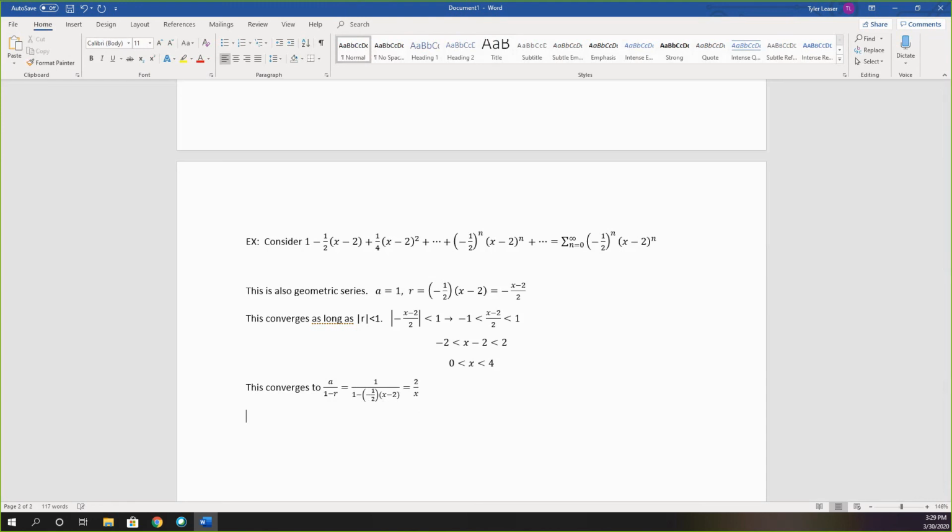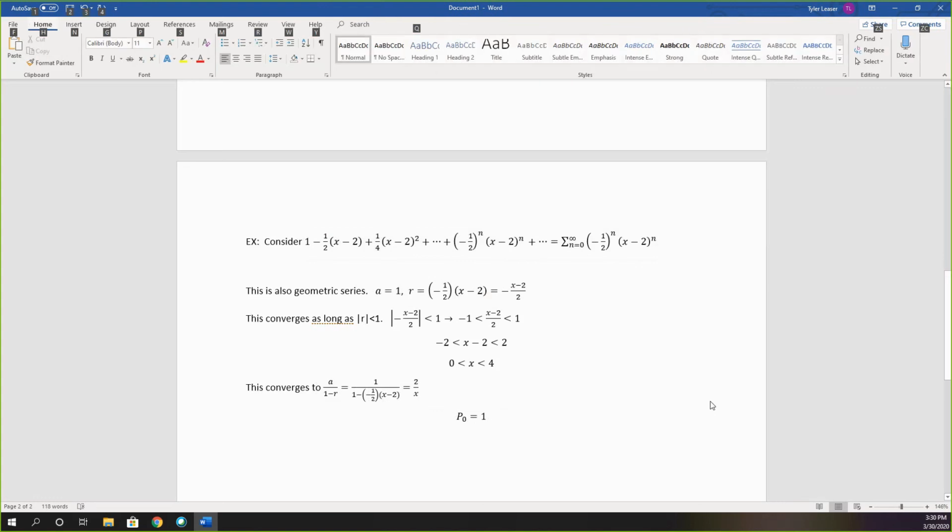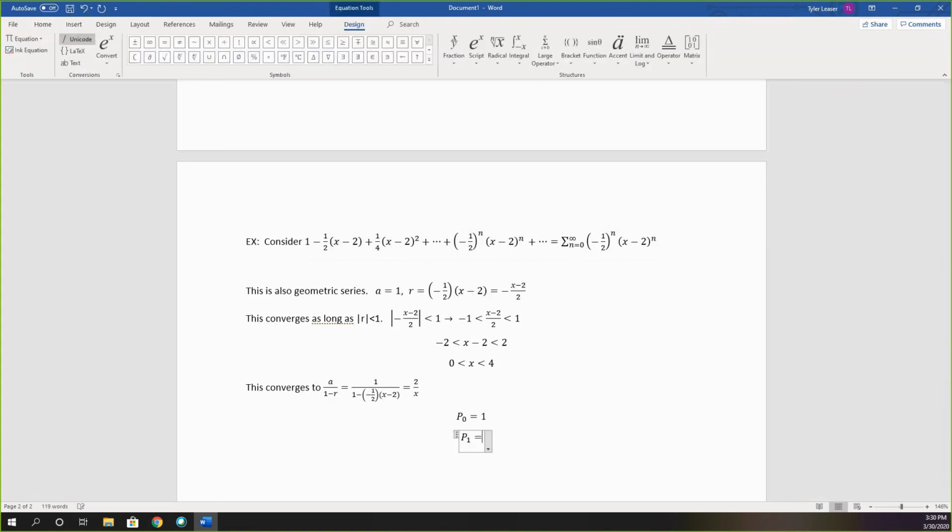If you want to, you can write out what we call the polynomials of the power series, and they're written like this. So p sub 0, this is the 0th polynomial. This would just be plugging 0 into my series up here, which would just give me the value 1. The next polynomial would be p sub 1. This would be plugging a 1 into my series up here, which would be getting the first 2 terms.